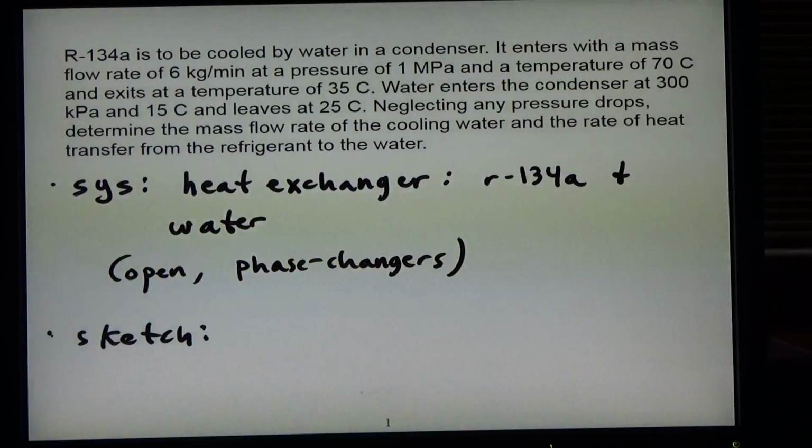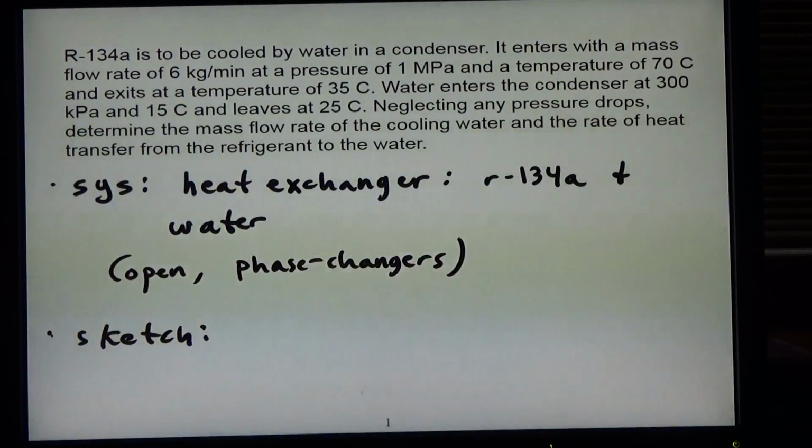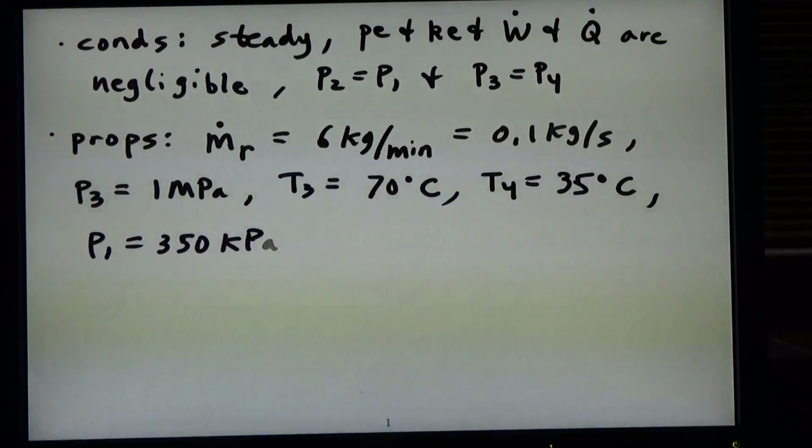We also have some properties of the water at the inlet. The water has 300 kPa and 15 Celsius. So P1 is 350 kPa. T1 is 15 degrees Celsius.